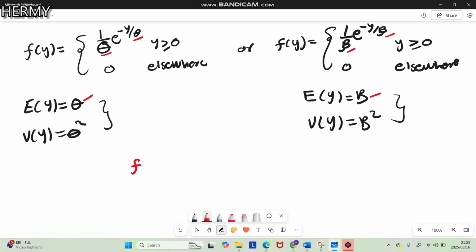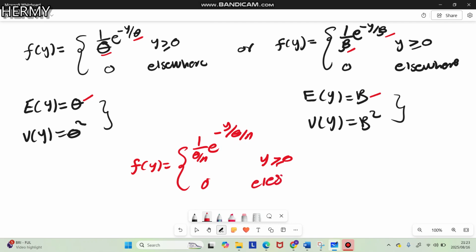What about if I write it like this? f of y is equal to 1 over theta over n, e to the power negative y over theta over n, for y greater than 0, then 0 elsewhere.